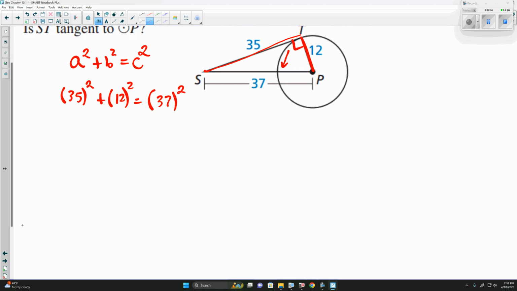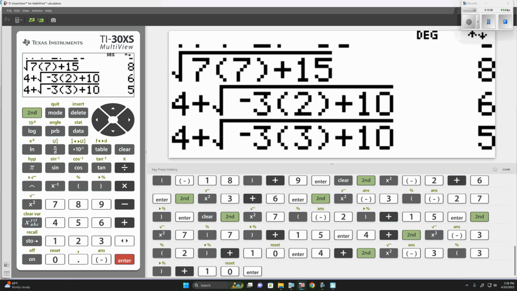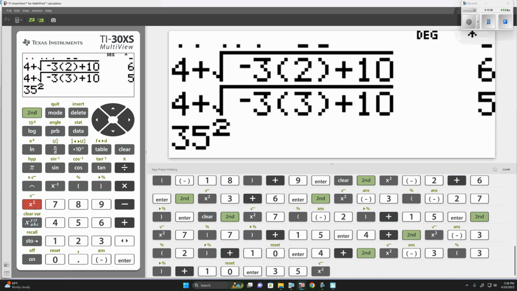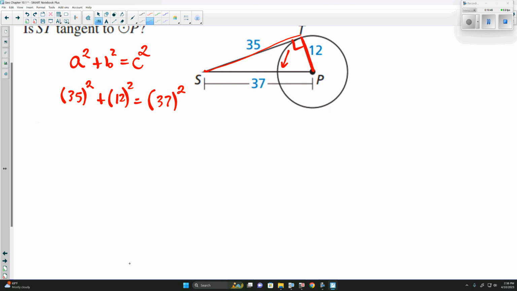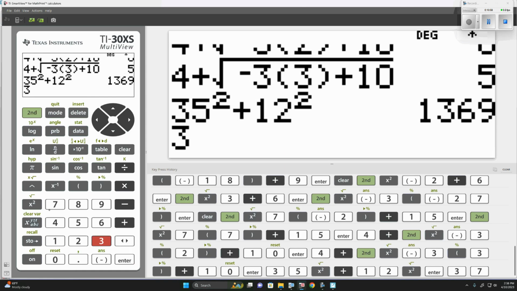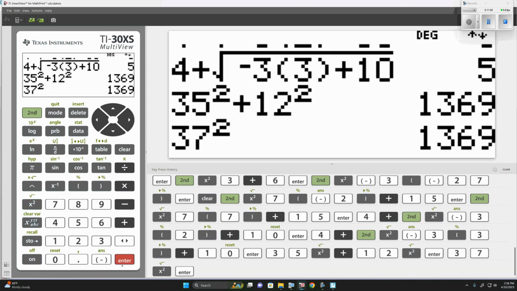Now at this point here, we can grab a calculator, and we can say 35 squared plus 12 squared is 1,369. So the entire left side of the equation is 1,369. Now we need to take 37 squared. 37 squared is 1,369.